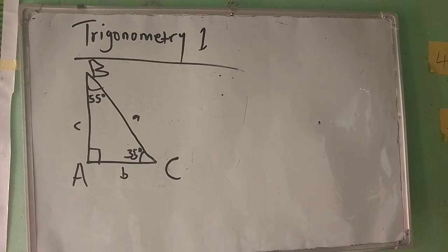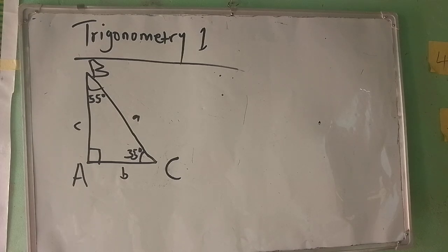The word trigonometry in the first place is derived from triangles. When I'm talking about triangle, I'm talking about a right angle triangle, like the one you are seeing on the board right now.